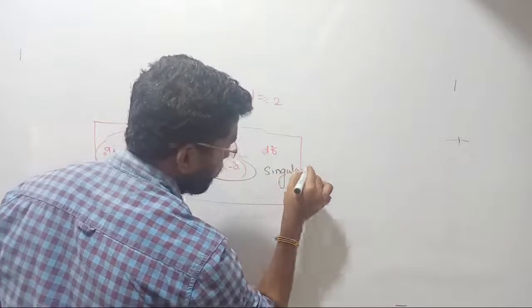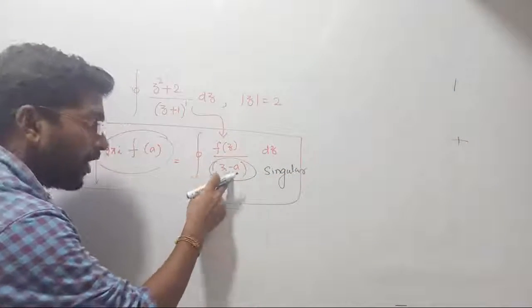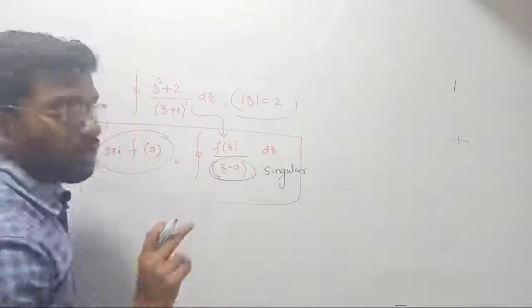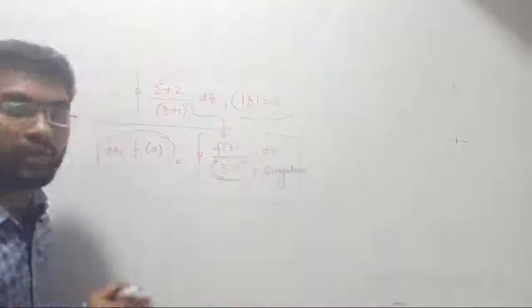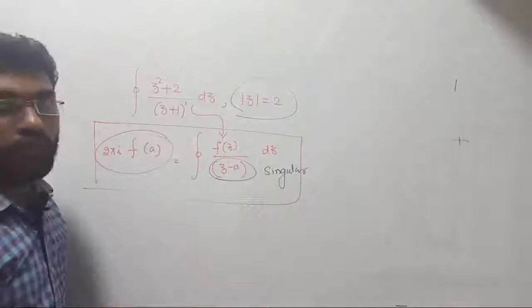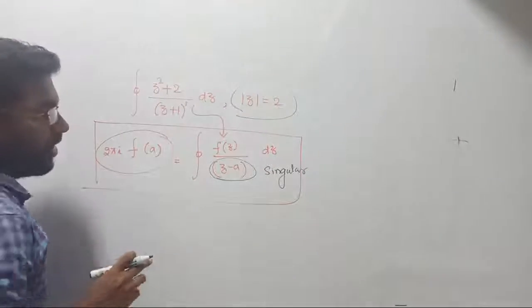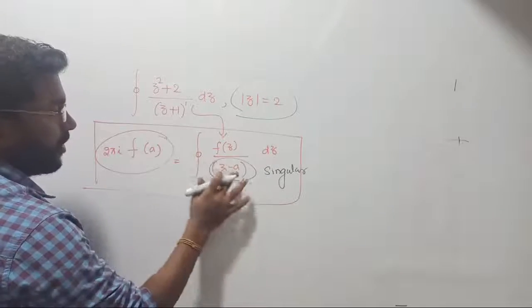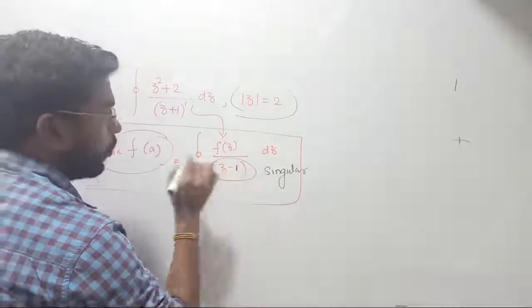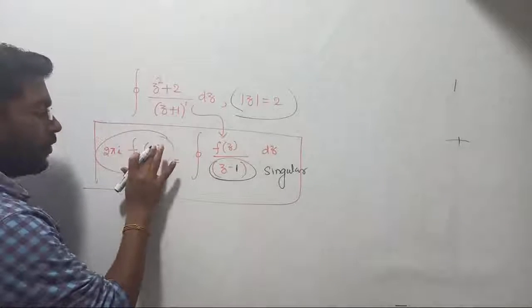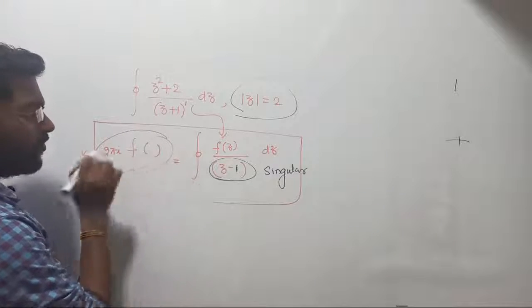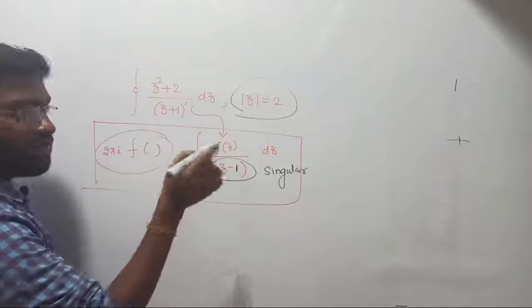Your target is to check whether this singular point lies inside the region of convergence or not. If it does not, then your answer is 0. If it does, then you have to find its significance. That is your target. Let's see. Here, what they have defined at z minus a is 1. So the value of a is 1, and here there is minus 1, so we should consider z minus 1, z equal to plus 1.